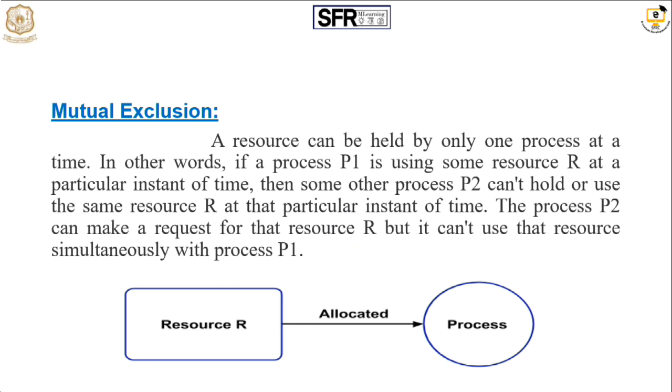Process P2 can make a request for the resource R, but it cannot use that resource simultaneously with process P1. So here the resource R is allocated to one process, while the resource is wanted by more than one process.